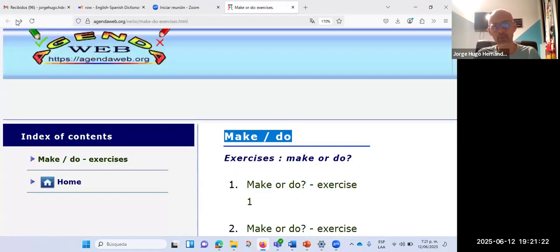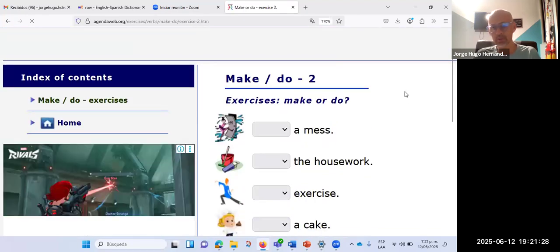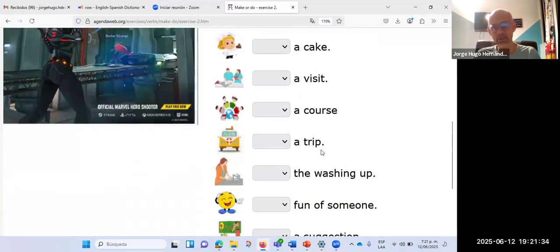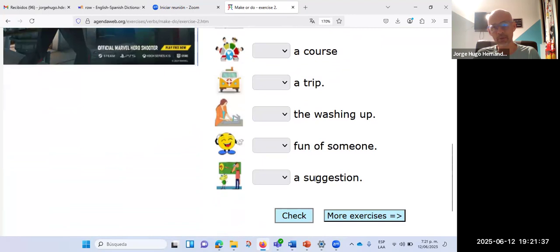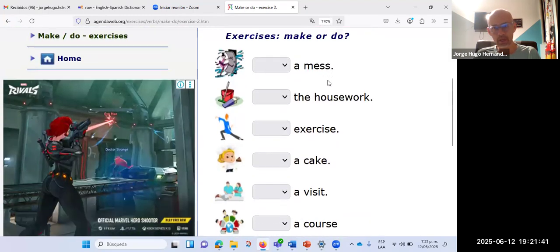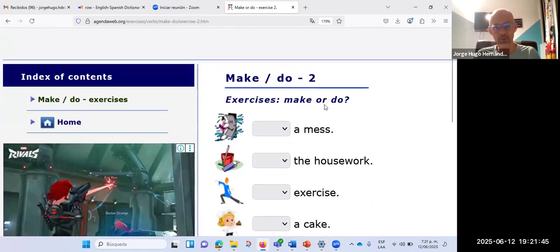These are expressions, only expressions. For example, a mess, the housework, exercise, cake, visit, a course, a trip, the washing up, fun of someone, a suggestion. So there are 2, 4, 6, 8, 10 sentences, 10 expressions.